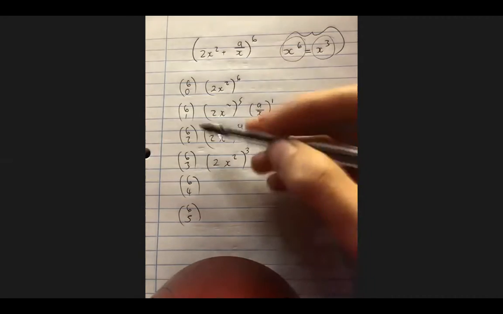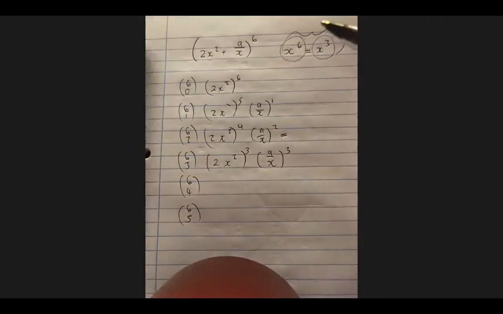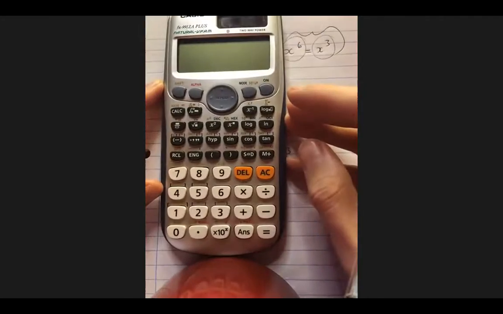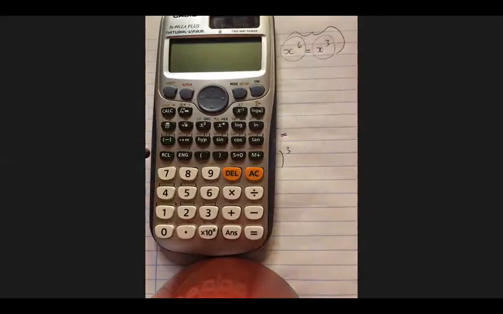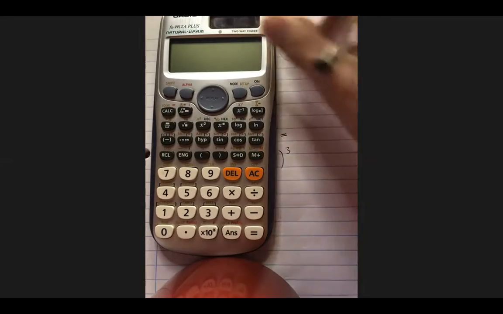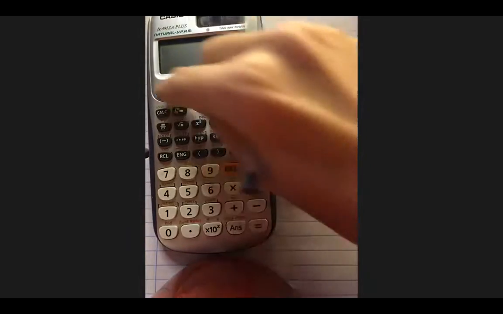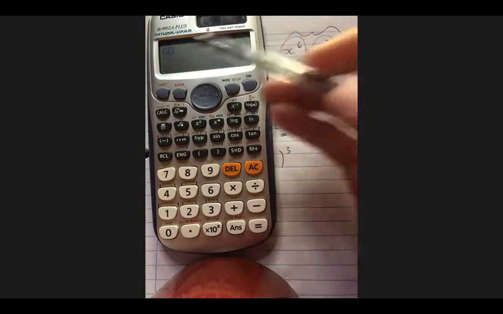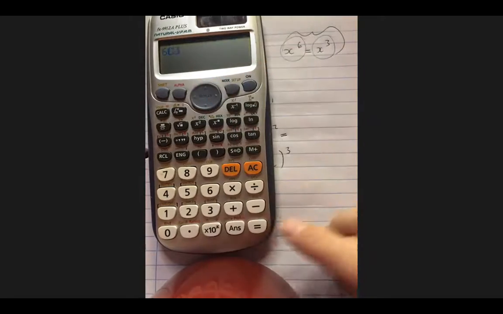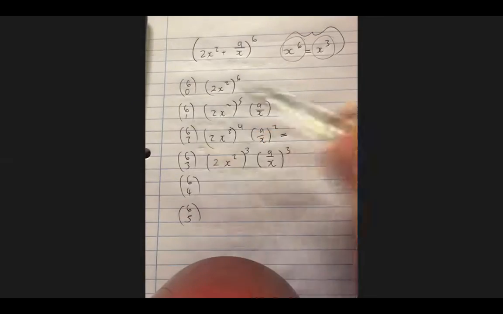The button that we use for this 6 and this 2, you can see my calculator nicely here, Casio FX-991ZA, the best one. You just type in 6, shift, divide, which is choose, 6, choose, 2. That gives me 15. That takes care of this start.